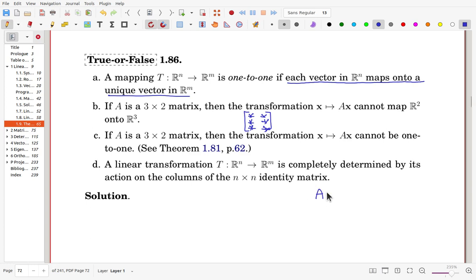We already learned this in the beginning of this section: T(E1), T(E2), and so on, the collection of actions on the standard basis. So it is decided by its action on the columns of the identity matrix. So it is true.